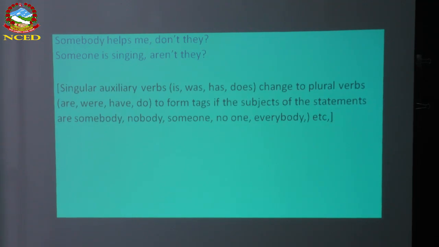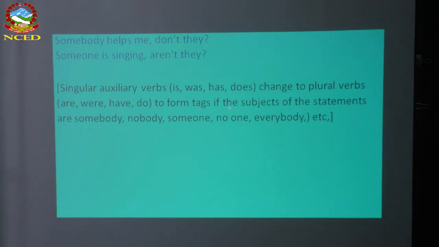Let's see. Okay. Singular auxiliary verbs is, was, has, does change into plural verbs are, were, have, do. See, in the examples, there is use of singular verbs, right? Is, helps. Singular verbs. Though in the tags, don't and aren't, plural verbs are used. Why?